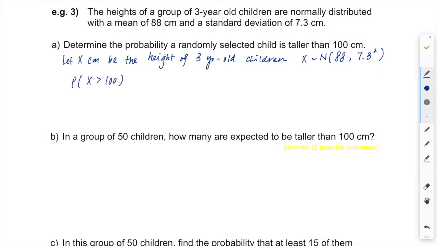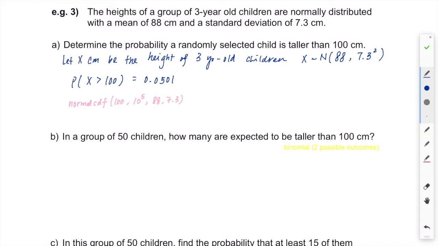Using my calculator, we're thinking about the normal CDF function with 100 as a starting point, a really big number as the end point, mean, and SD like that. If you need a hint, it works out to 0.0501. So roughly 5%. Okay, so it's a small fraction of the population.